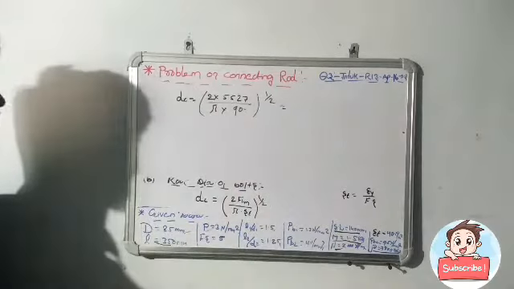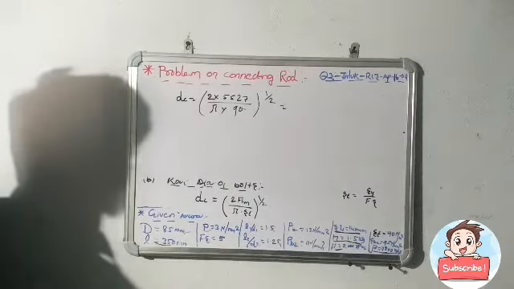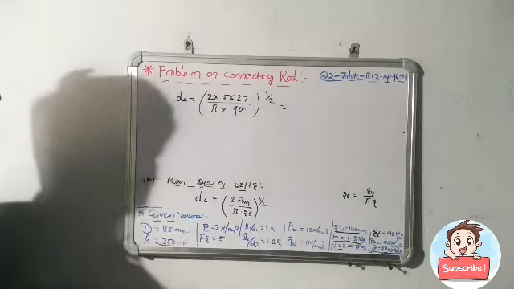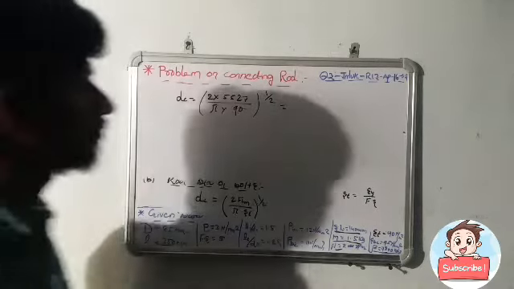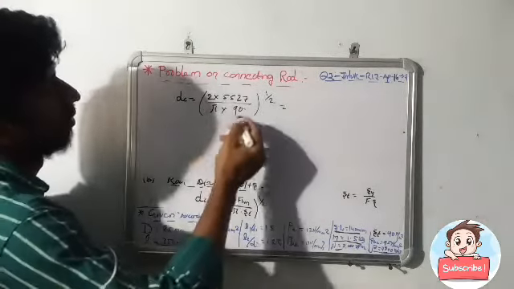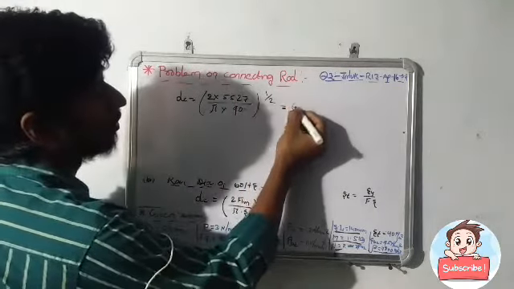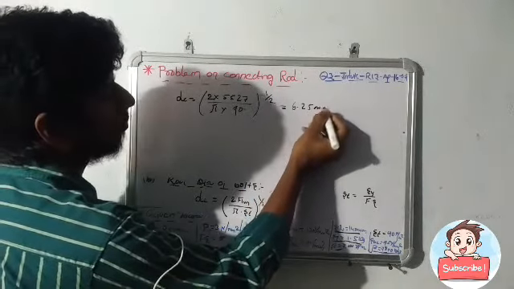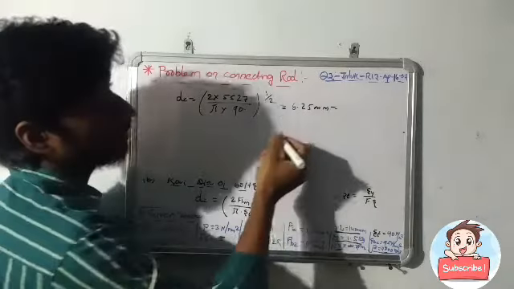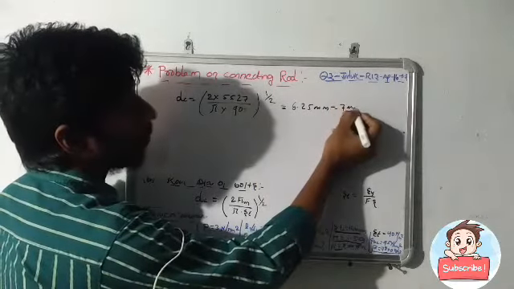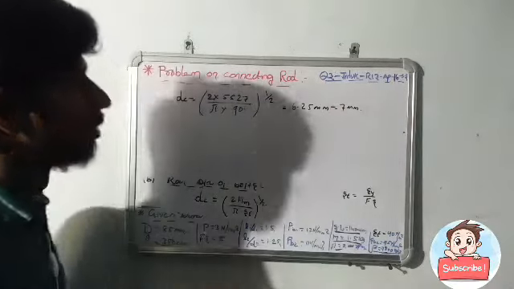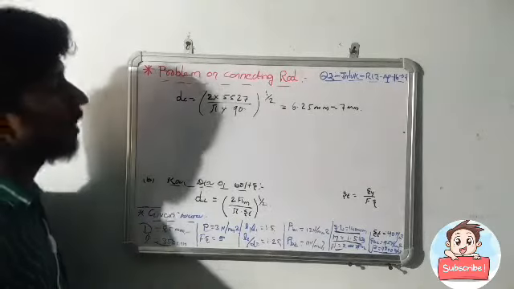By simplifying this, we get the root diameter of the bolts, that is equal to 6.25 mm. Let us consider it as 7 mm for proper designation. So this is about the root diameter.